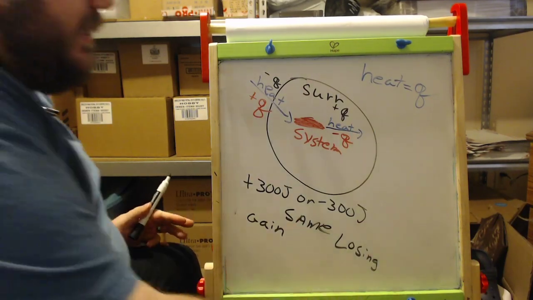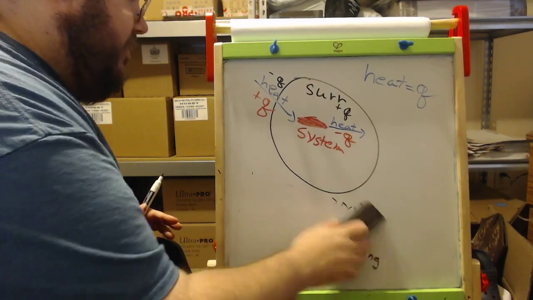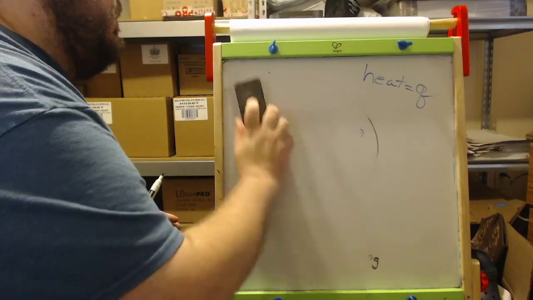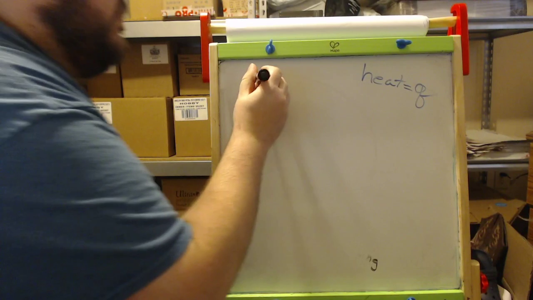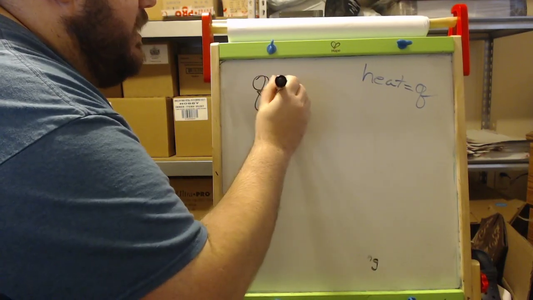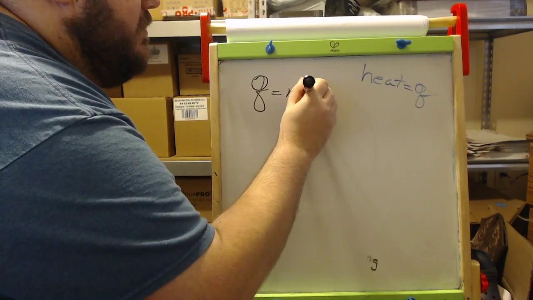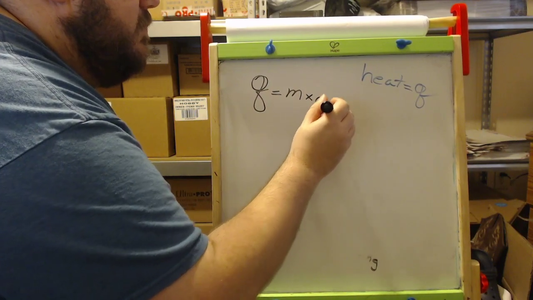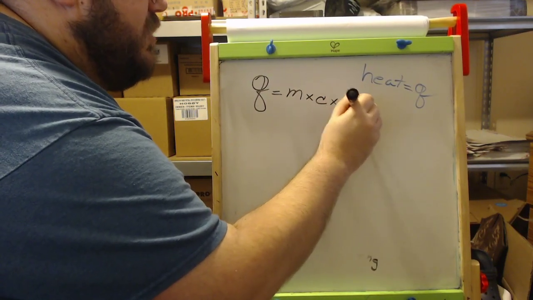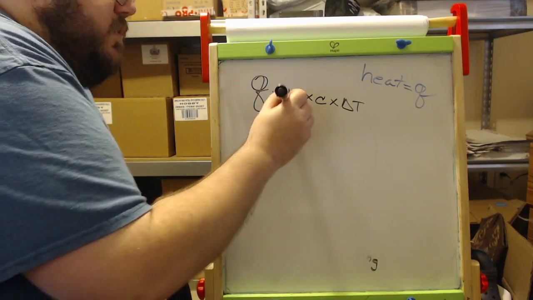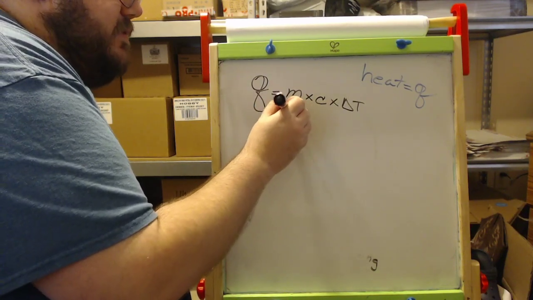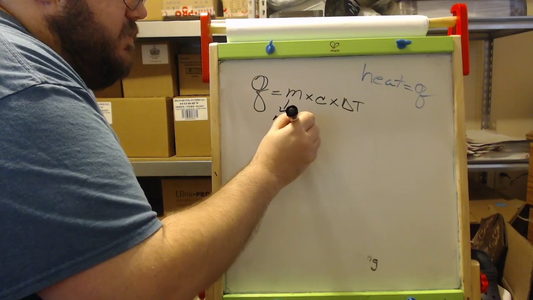So how do we calculate Q then? Okay. Well, there are multiple ways, but the one way we're going to talk about is this one right here. All right, here's our first formula. Q equals M times C times change in temperature. M is known as the mass, of course.